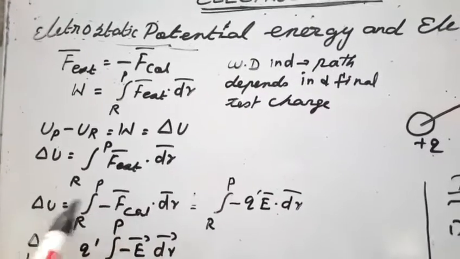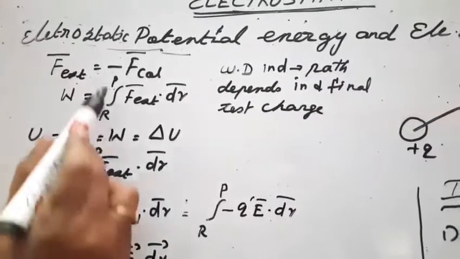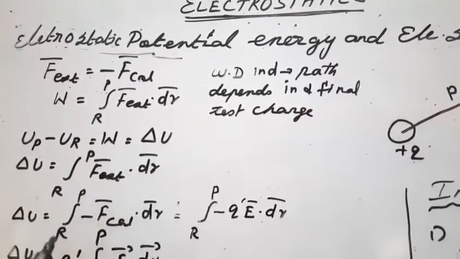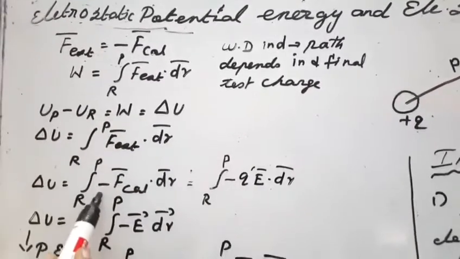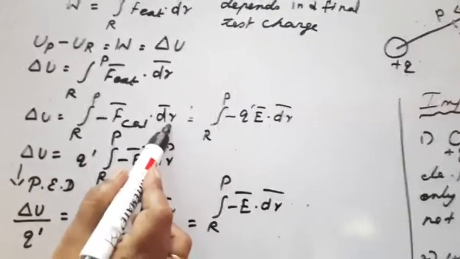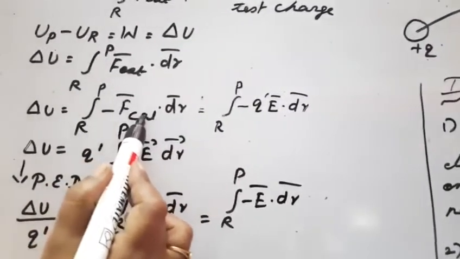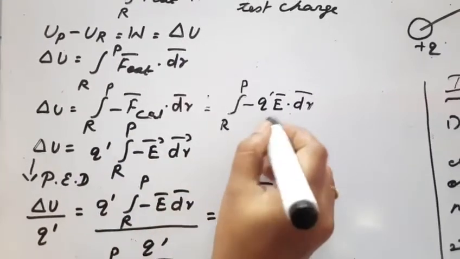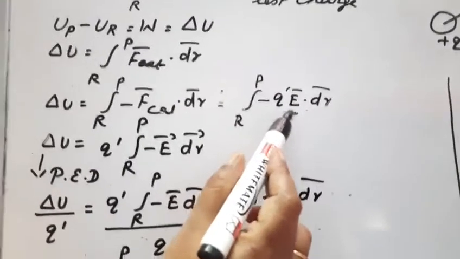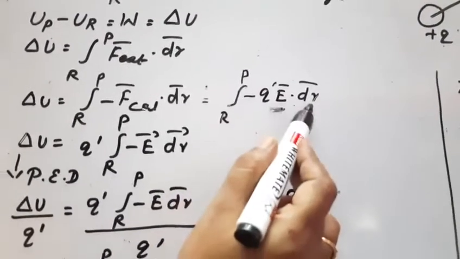We know that F external equals minus F Coulomb. Therefore, del U equals the integral from r to p of minus F Coulomb vector dot dr vector. Now this F Coulomb vector is nothing but a force, so instead of that we write q dash E bar dot dr bar.